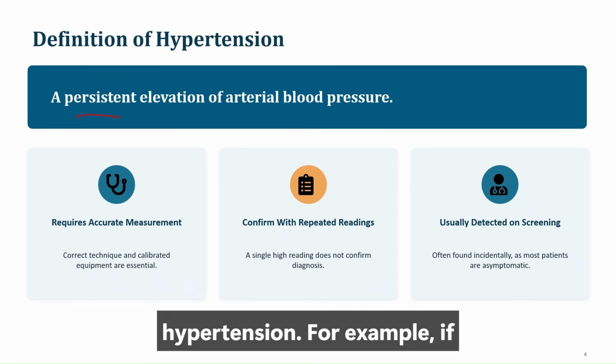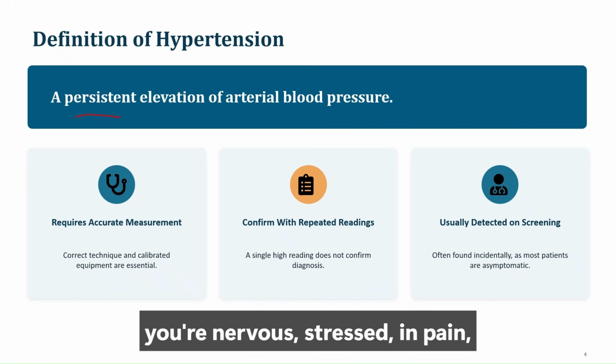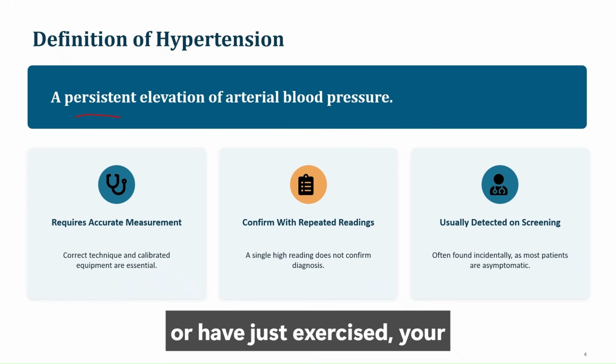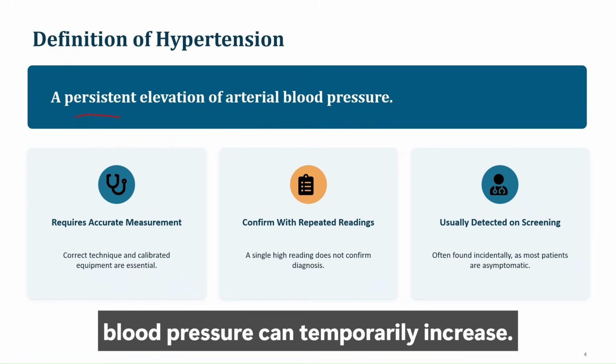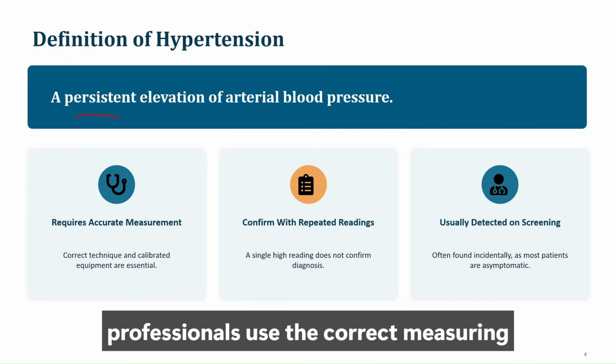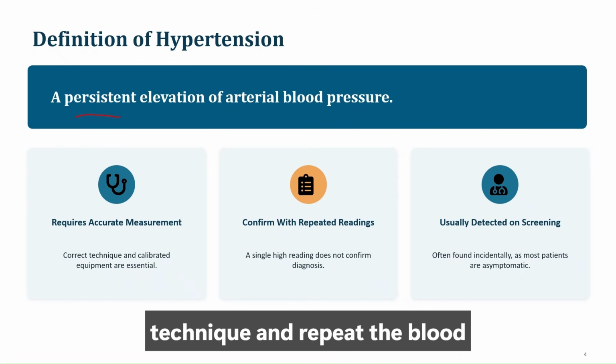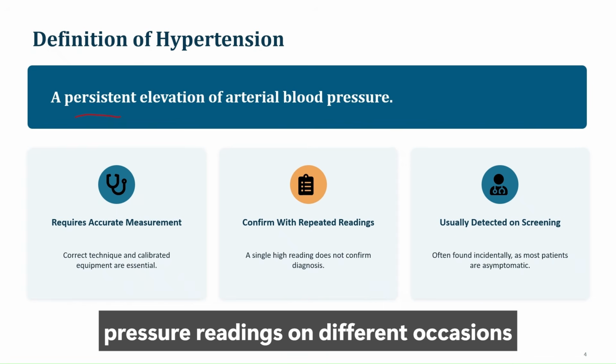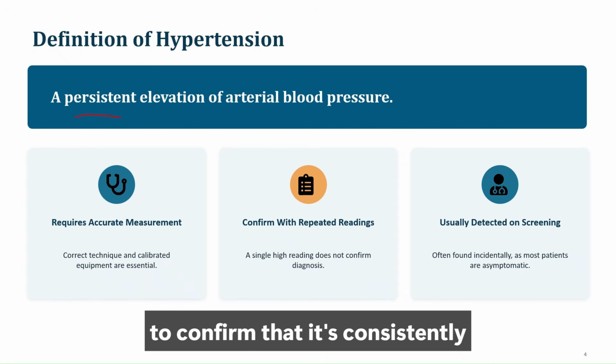For example, if you're nervous, stressed, in pain, or have just exercised, your blood pressure can temporarily increase. That's completely normal. To make a diagnosis, healthcare professionals use the correct measuring technique and repeat the blood pressure readings on different occasions to confirm that it's consistently elevated.